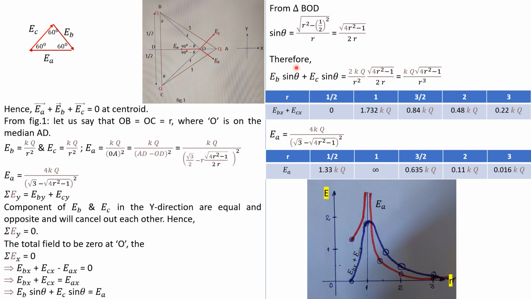So these are the values which have been calculated. First we have made the graph for EBx plus ECx, and we get a graph like this, the blue color. For EA, the graph is like this. It is going to infinity at 1.